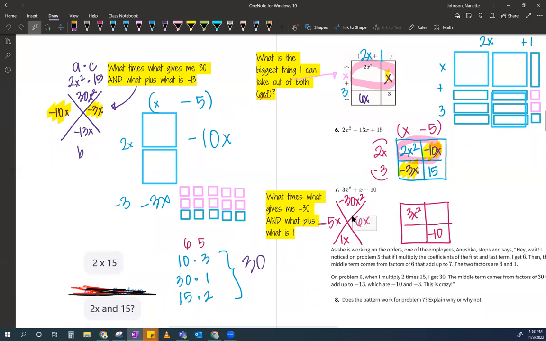I'm going to take 6x. I'm going to be really lazy and just copy it. But where am I going to put it? Here. Okay, see it? And then I'm going to copy this. Ah, I copied too much. I'm just going to write it because I'm not that lazy. So I wrote negative 5x here. And then we're going to do this thing.